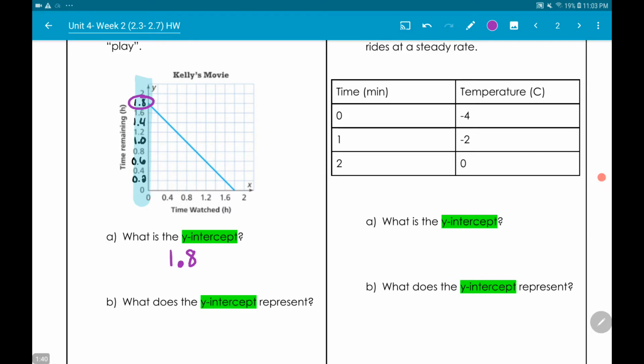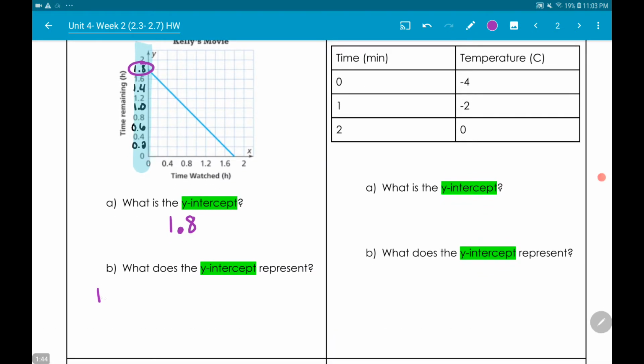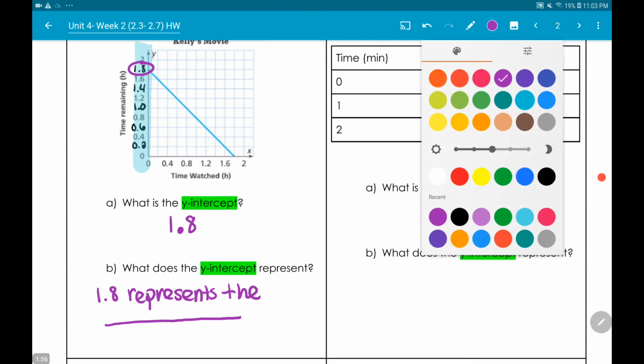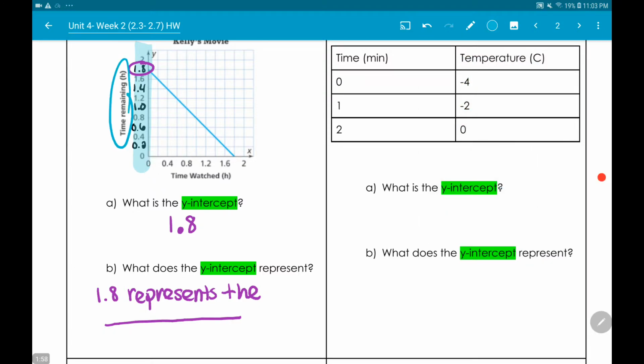So what does the y-intercept represent? We always say 1.8 represents... so first we're going to talk about what the y-axis is.